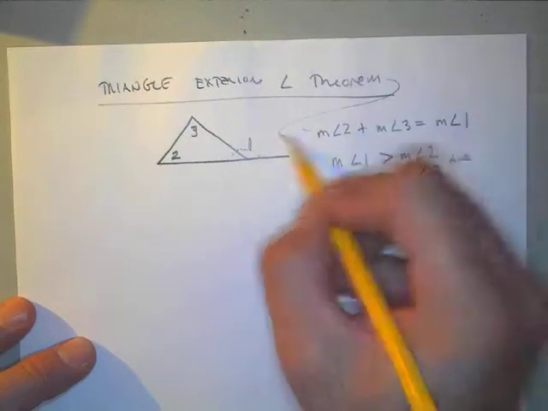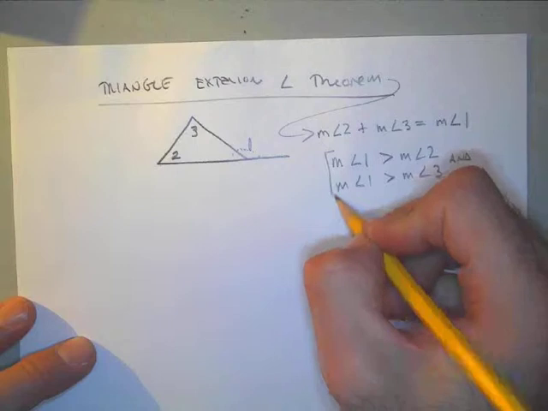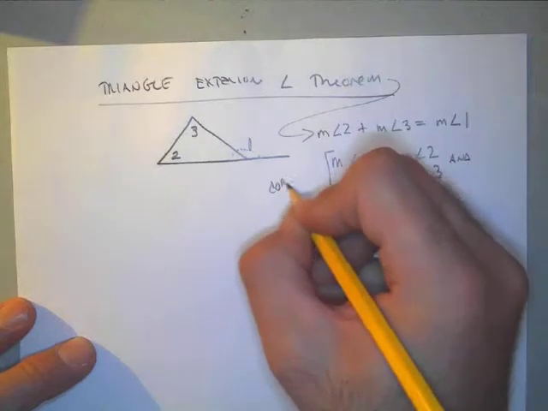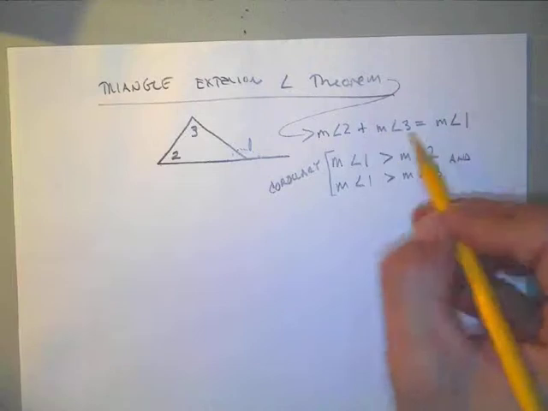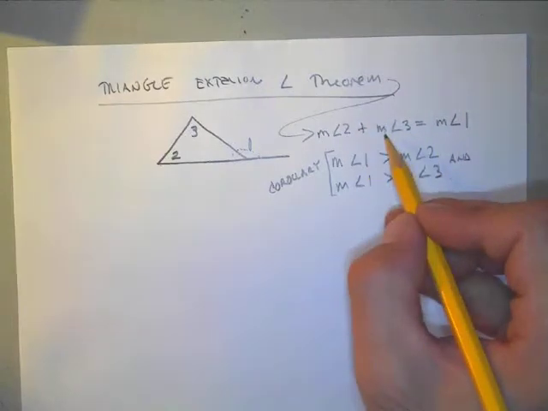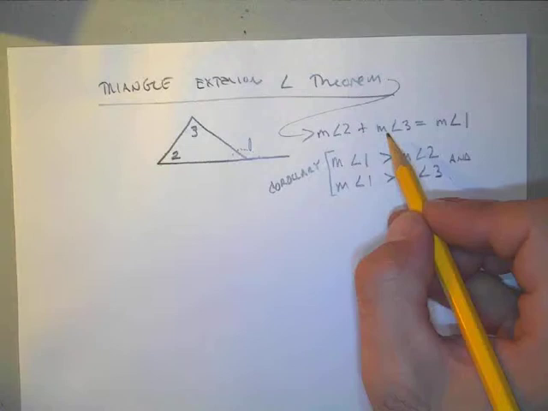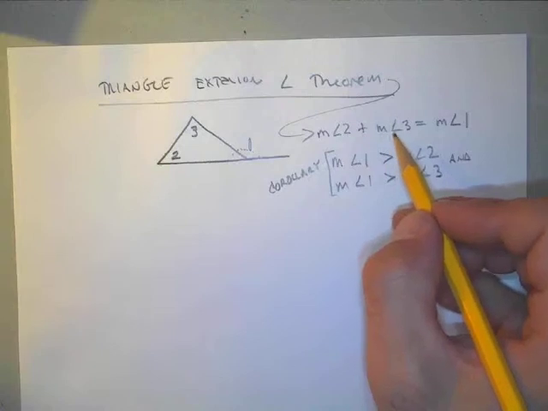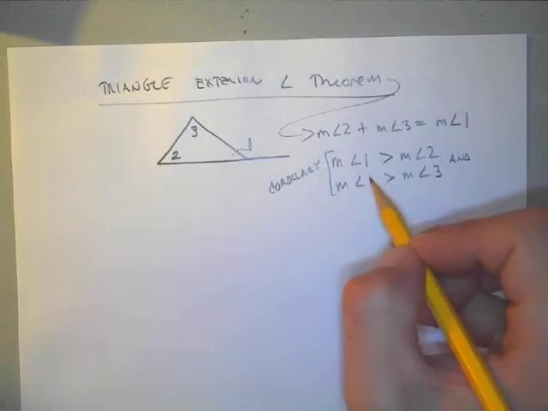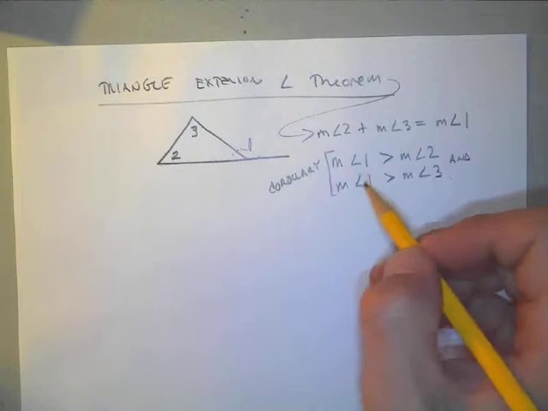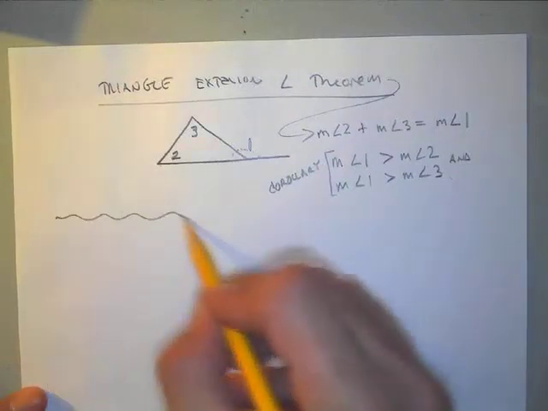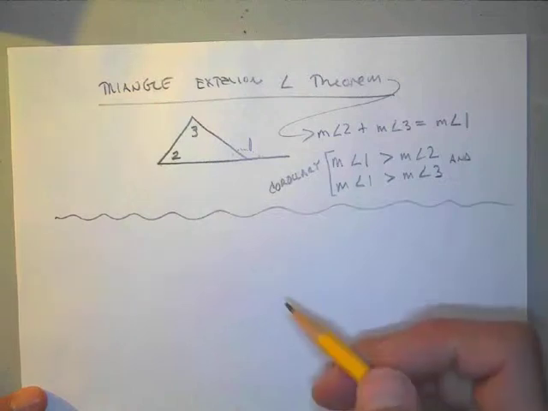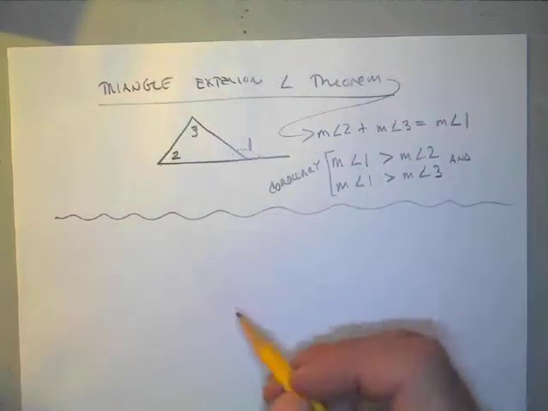So this is the theorem, and this is called a corollary. Because if you know this, then you can use the comparison property of inequality to learn more, and that's called the corollary.